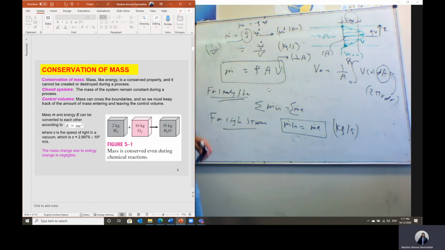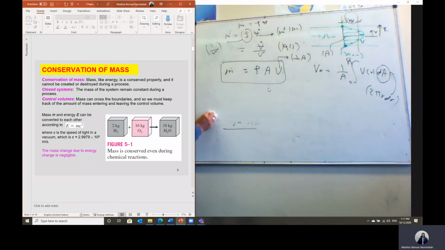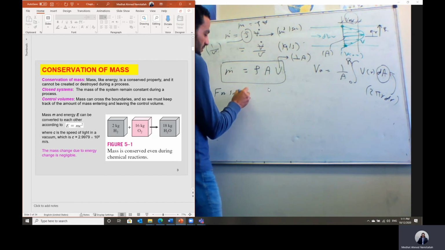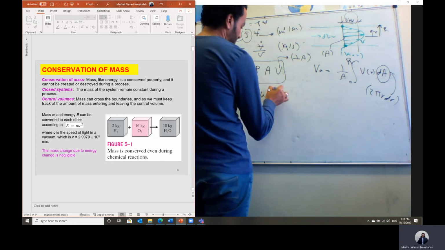Now, if we have incompressible flow, what does it mean, incompressible flow? Incompressible means this fluid's properties are not affected much by the pressure, and that means for incompressible flow, the density will be constant, as we have learned.